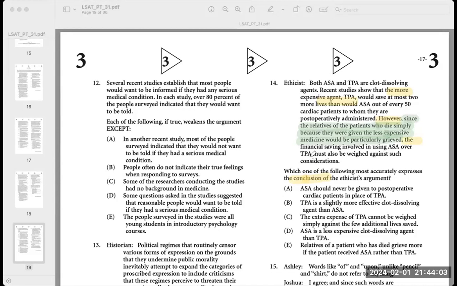Okay, so we've got the study, but then we have the contrast word, however, and then a phrase between these commas that begins with since. So that's support. What is it supporting? It's supporting the idea that we need to weigh in the grief of relatives of patients who would die because they were given ASA, the less expensive medicine, rather than TPA.